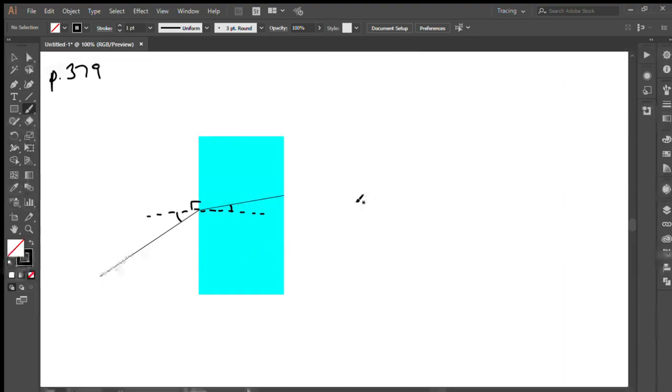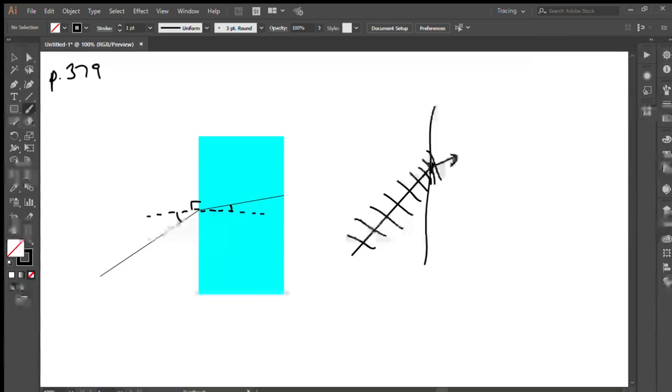It's kind of like driving a car on a road. Light's traveling along a nice line here, and let's say light comes in waves, so it's got its crests and its troughs as it goes. Now it hits a substance more dense than itself. As it hits that substance, the part that hits it is going to drag, and that drag is going to cause it to change directions.